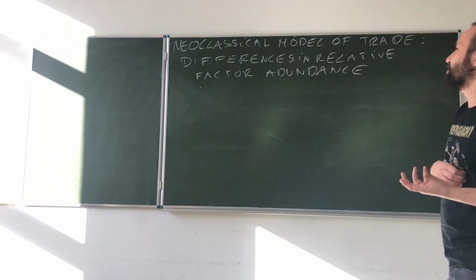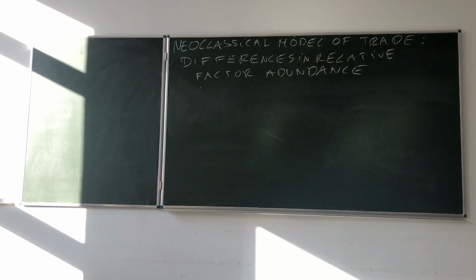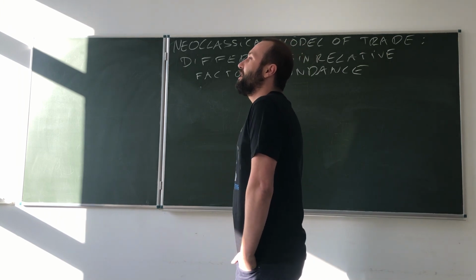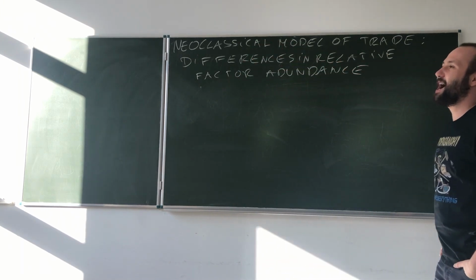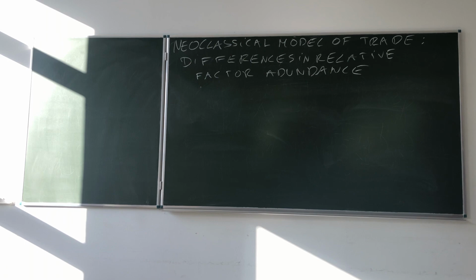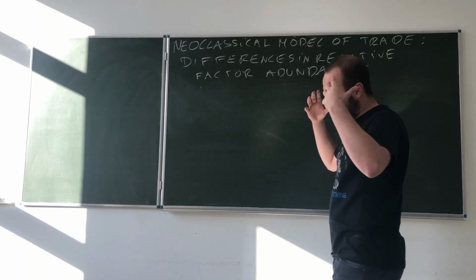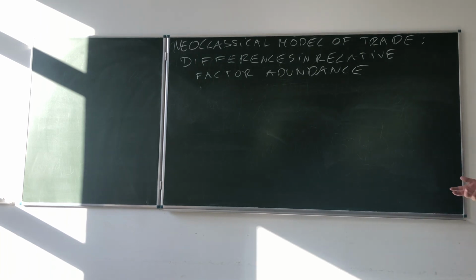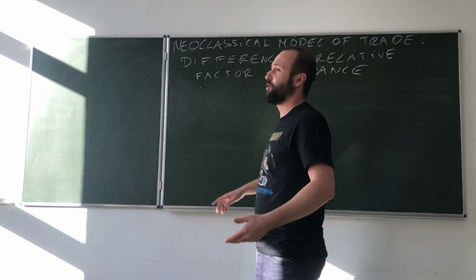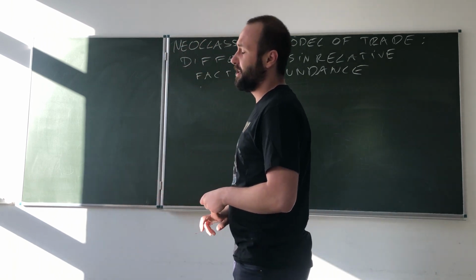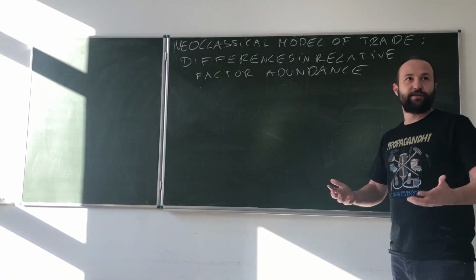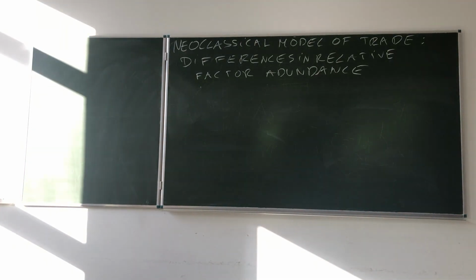And of course, some parts of it are going to be unrealistic. But the advantage of this model is that we can later try to see what happens when we relax those assumptions and start with more goods, more factors of production, more complicated production functions, differences in demand structure, and we can see how this impacts everything that we learn from this model.